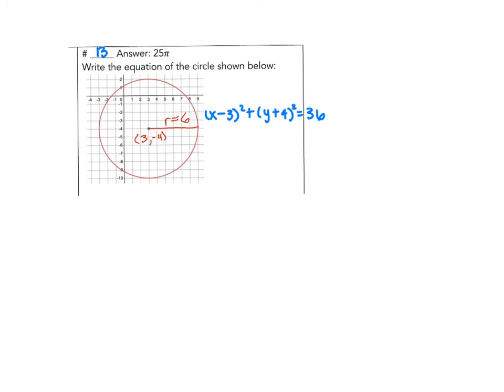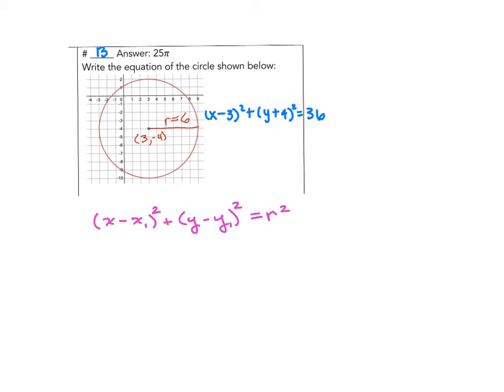So this one, Kat, you're asked to write the equation of the circle. And remember, the equation of a circle is just (x minus x1) squared plus (y minus y1) squared equals r squared. So we just have to look at what we're given.